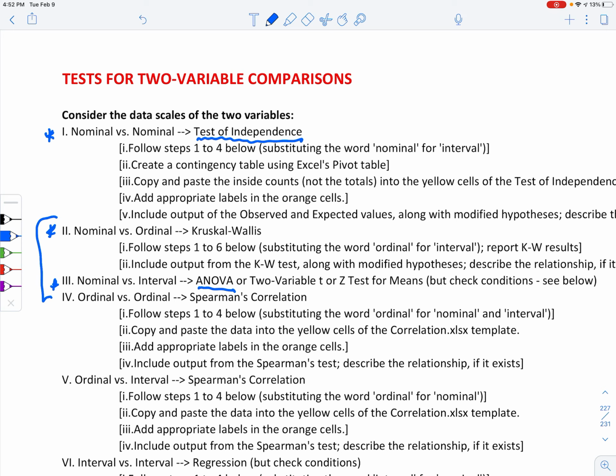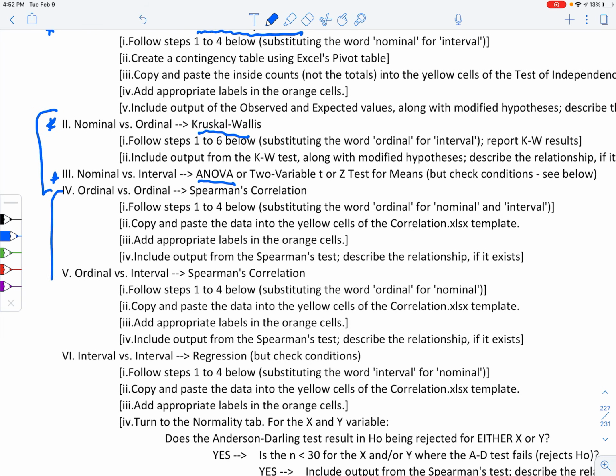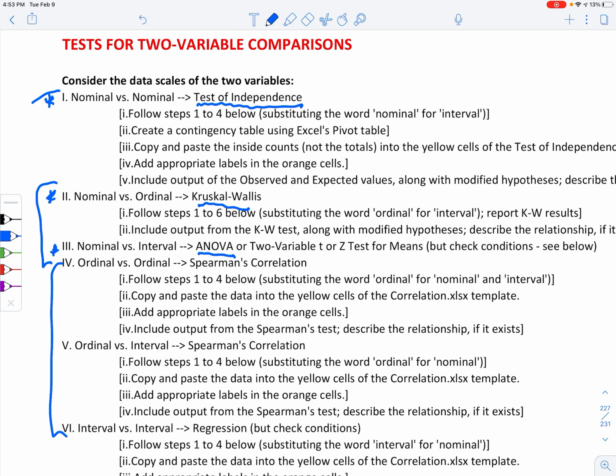The nominal versus ordinal has something called the Kruskal-Wallis test, which we'll be introduced to, which is just a type of ANOVA. And then we'll be getting into the last part here, which is really regression. So that's talking about interval versus interval, or if one or both of those is ordinal. So those are the main types of interactions that we have here.